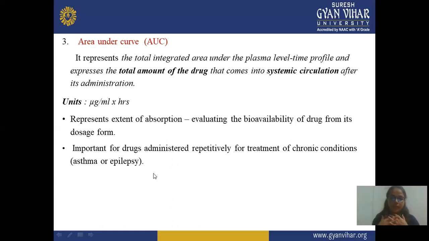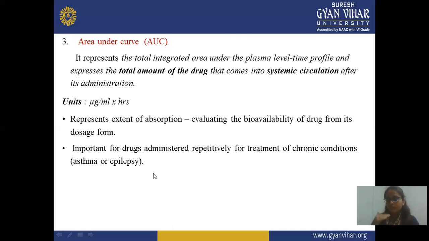Suppose you are taking a tablet. After taking that particular tablet, you can see how much drug has reached systemic circulation after administration, compared to the total amount of drug present in your tablet. You compare this total amount with the drug present in your systemic circulation.